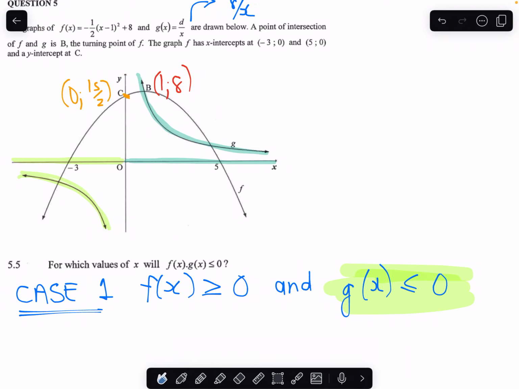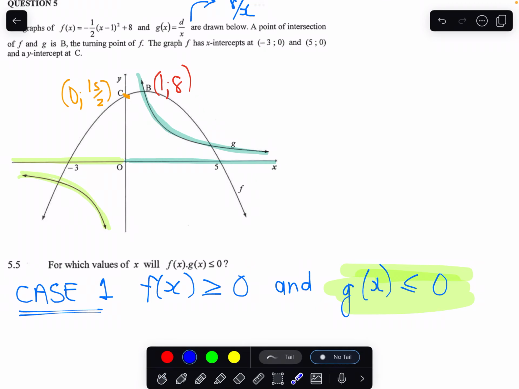So now let's start by looking at case 1. Within this interval of x values, where is f of x giving us positive values or 0? Where is f outputting positive values or 0 values? We can see that from this little point here, f is also outputting negative values.